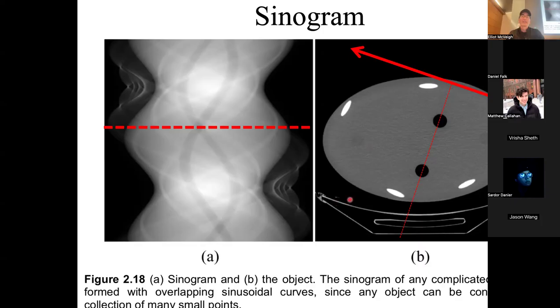The sine wave will get a higher amplitude, or a bigger throw, the farther away it is from the origin, because it'll get thrown back and forth across my detector. Stuff towards the middle is going to be down in here at L values that are right in the middle of the detector. So this thing is called a sinogram.